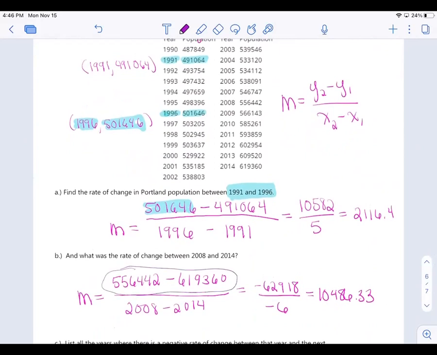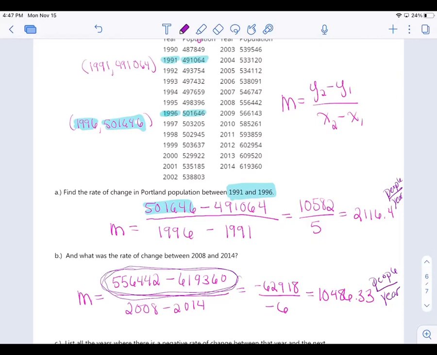Is it people or years? People. So it's people per year. So we should have units when we can. So this other one, it's people per year. And WebWork actually lets you know to use that unit. So when you do have units, we should use them.